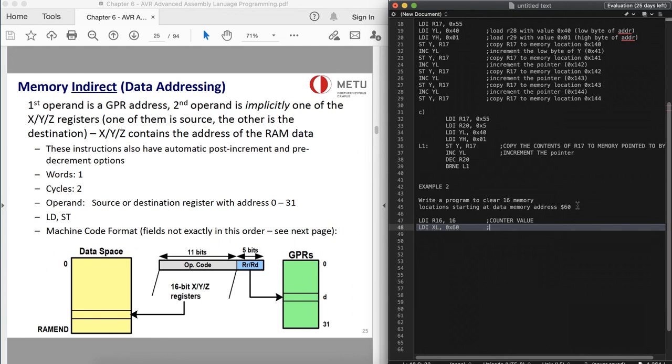And that's going to be our XL equals low byte of address. Then LDI XH, it's going to be 0 in this case. And that's going to be XH, which is equivalent to high byte of address.